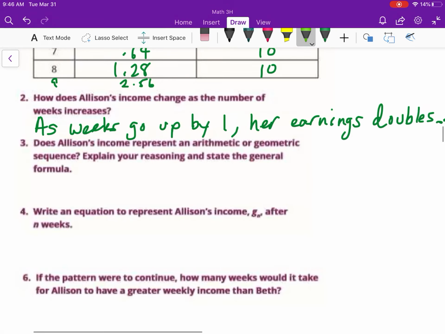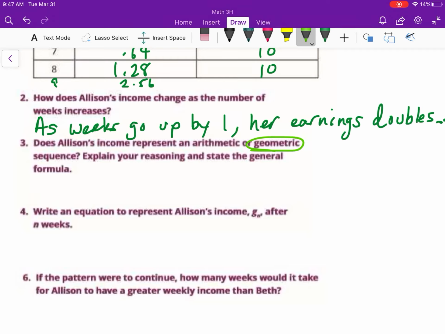This is something we've actually already talked about, so it's not really anything new. It says, does Allison's income represent an arithmetic or geometric sequence? Well, if it's exponential, it's obviously got to be geometric. Explain your reasoning.